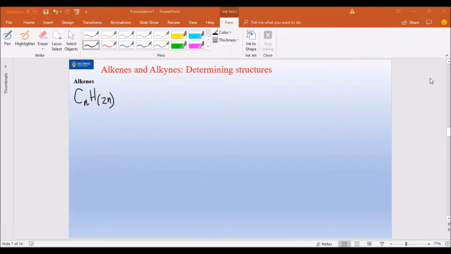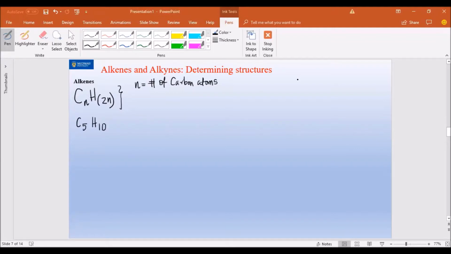So let's start off by writing the general formulae for an alkene. Okay, here's the general formula, and as always, you do have to remember this. N corresponds to the number of carbon atoms. So let's get started by saying C5. If I have 5 carbons, then I'd have 10 hydrogens.